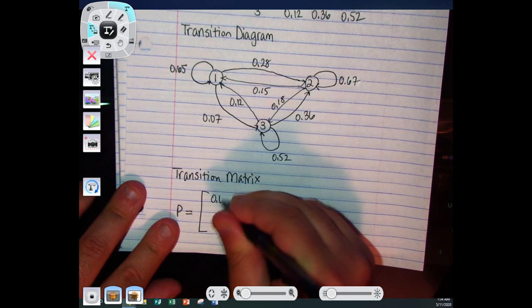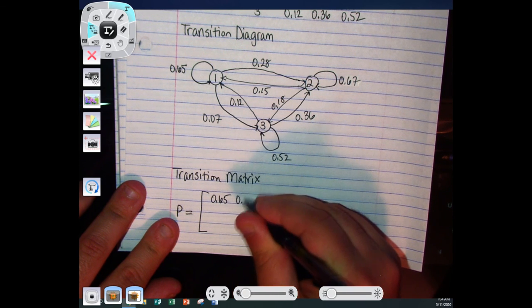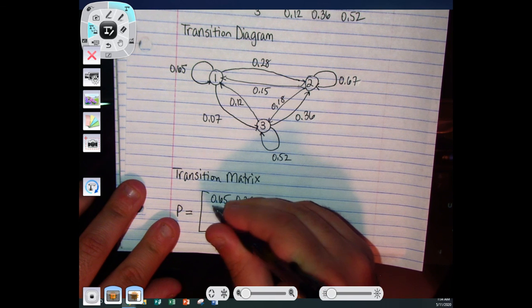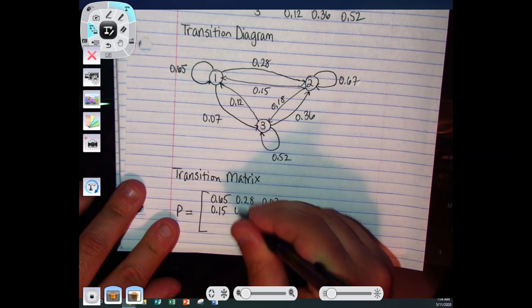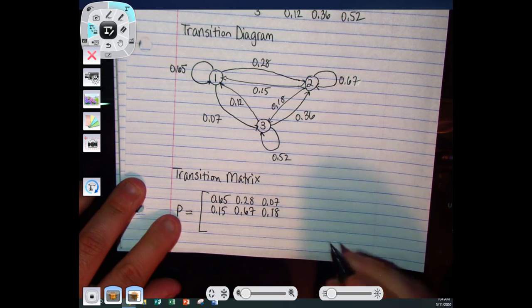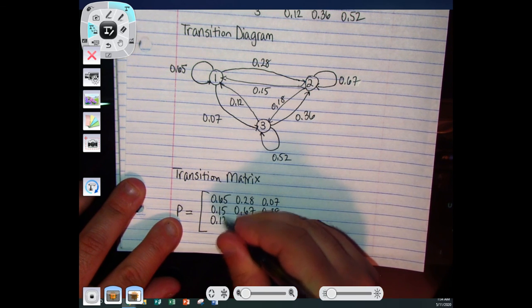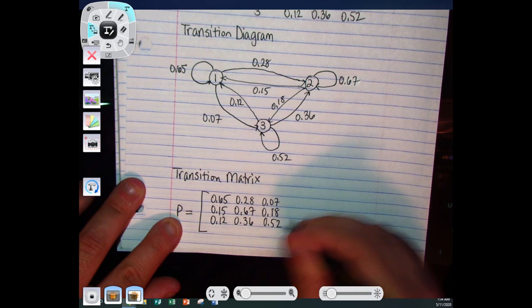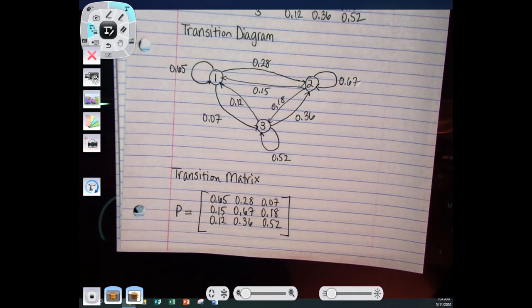So we have 0.65, 0.28, and 0.07. That's in row 1. 0.15, 0.67, and 0.18. That's in row 2. And then 0.12, 0.36, and 0.52, and that's in row 3. So this is what our transition matrix would look like.